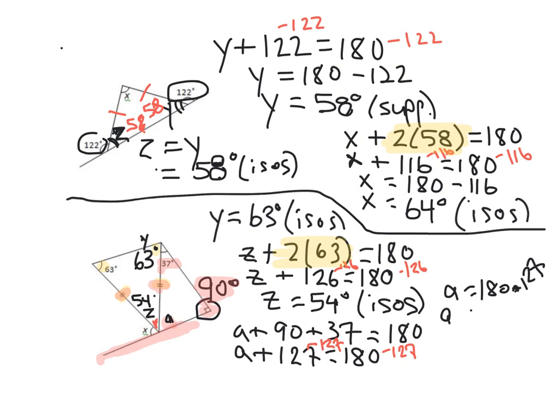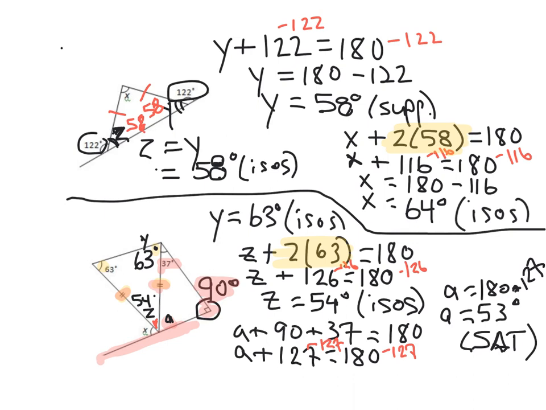So A equals 53 degrees, and I know this because of the sum of angles in a triangle. Okay, and we haven't even solved x yet.